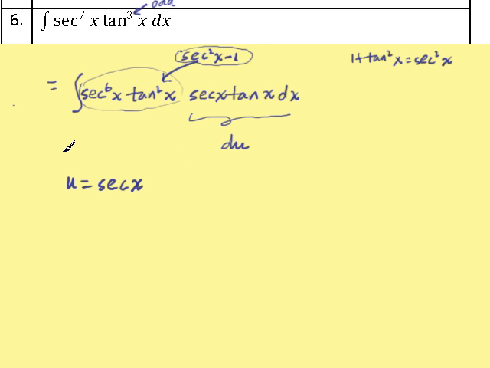All right, so once we do that substitution, we'll be in a good position. So we'll write this as secant 6, secant squared x minus 1, and then we have secant x tangent x.